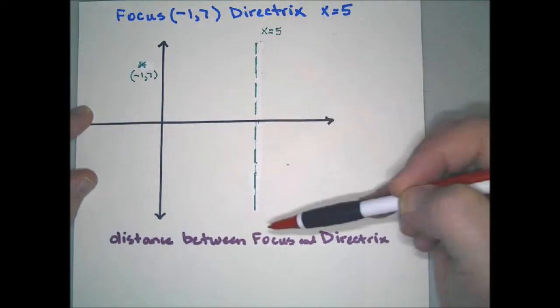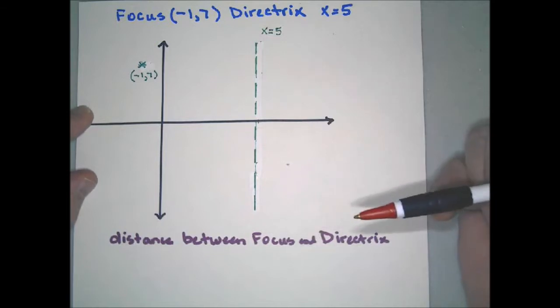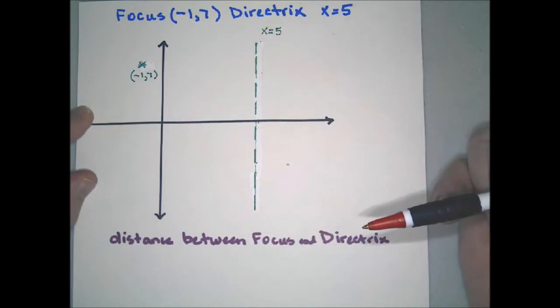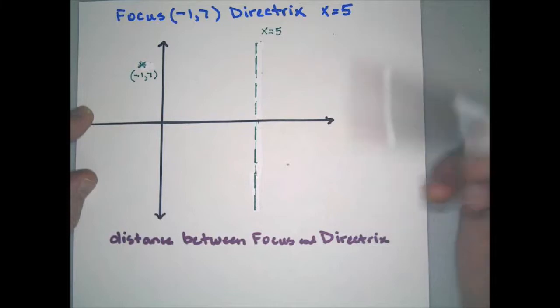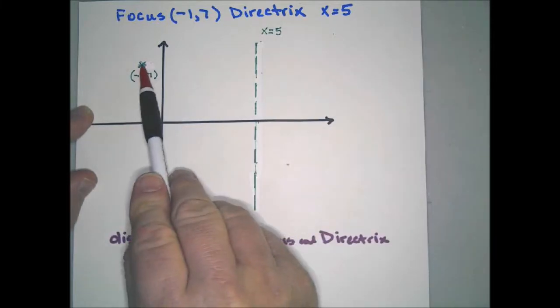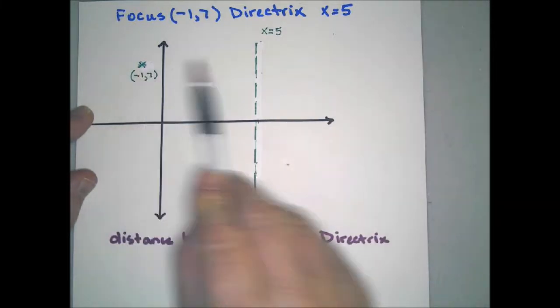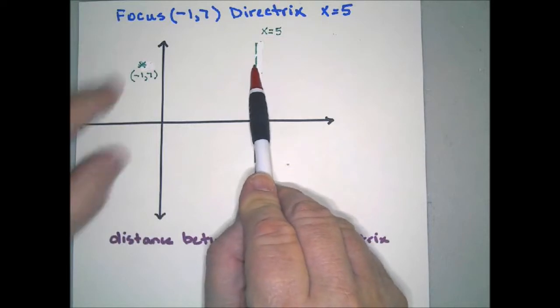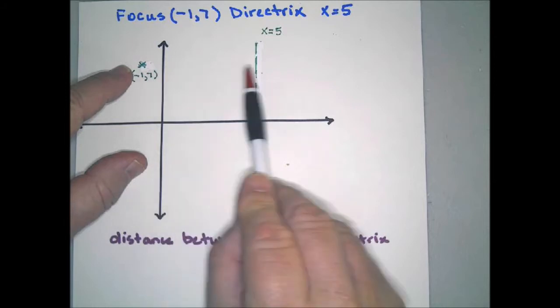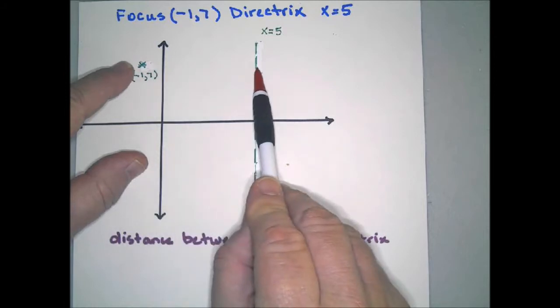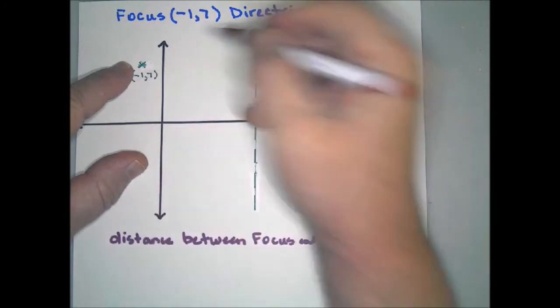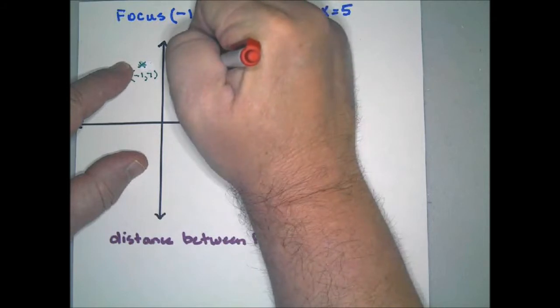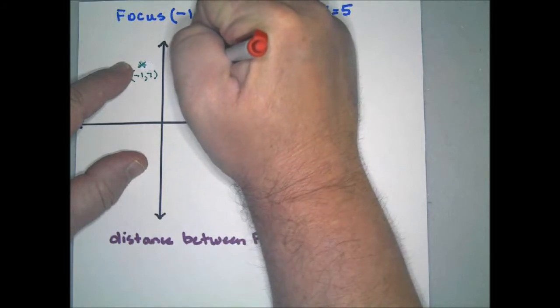Well, the first thing you probably see, it isn't an up-down parabola. It's actually one that goes to the left, because we know halfway between the focus and the directrix is the vertex. So I'm just going to eyeball it right now, and I'm going to say about halfway between these two locations is about right here.